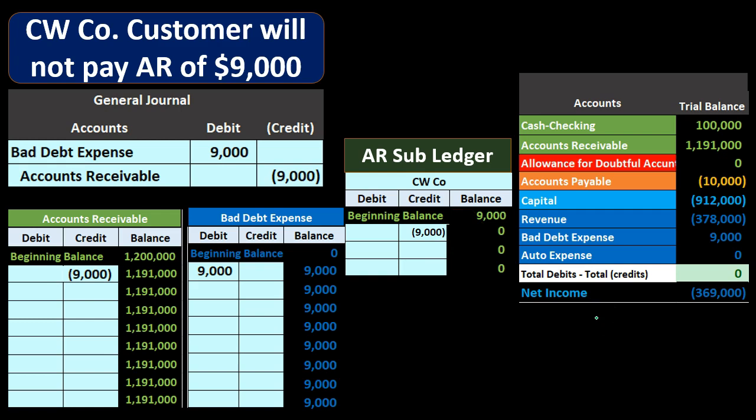Note the major difference between the two methods is that under this method, the direct write-off method, we brought net income down by this 9,000. We had revenue of 378 minus this 9,000 we just recorded, bringing net income to 369,000.